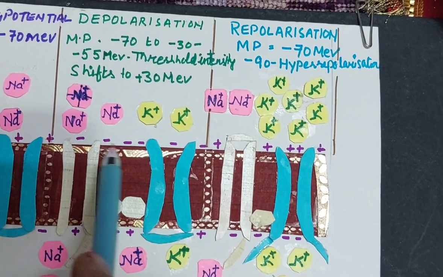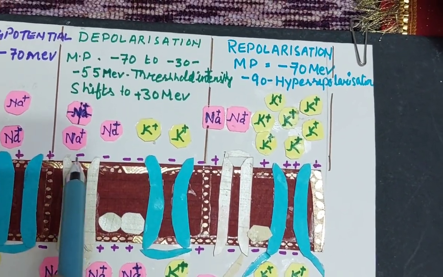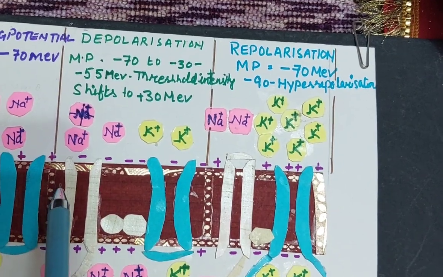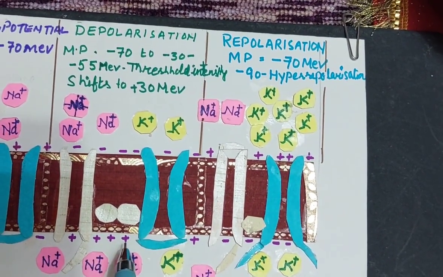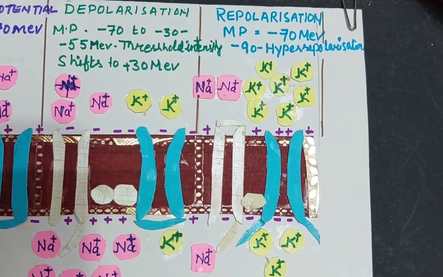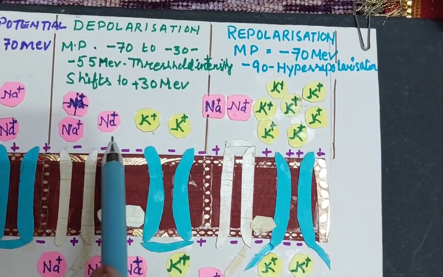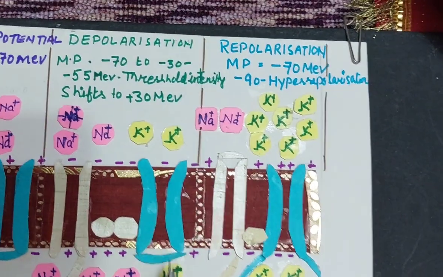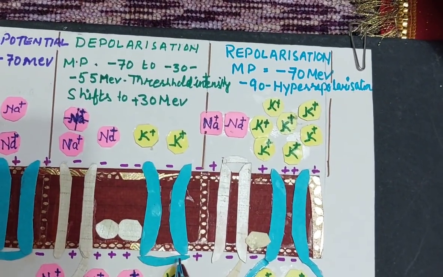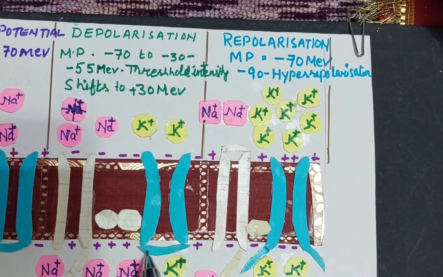Instead of being positively charged, now the membrane is negatively charged on the outside and positively charged on the inside. Why? Because there are more sodium ions inside and fewer outside, and the voltage gated potassium channels remain closed here.